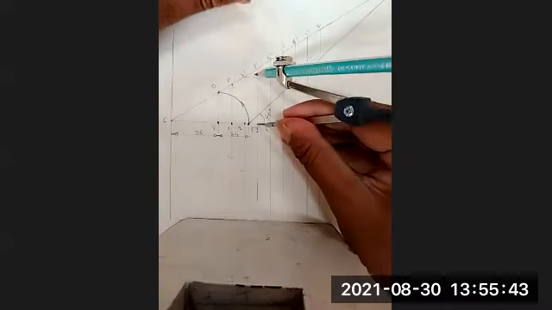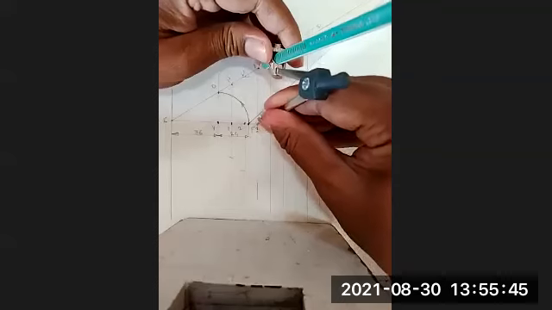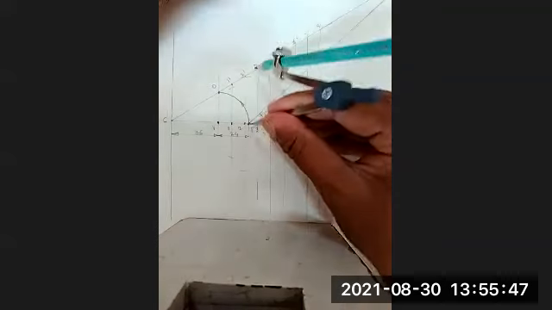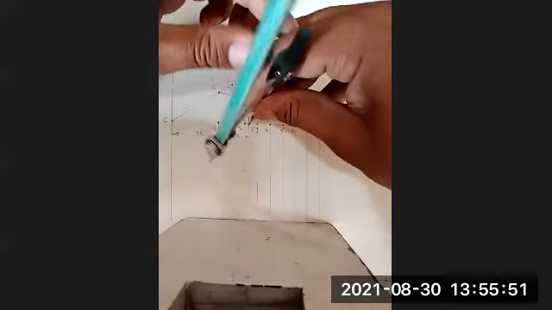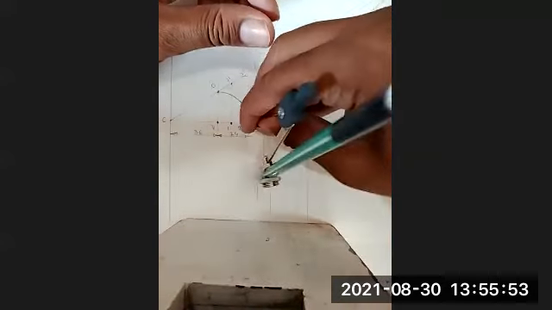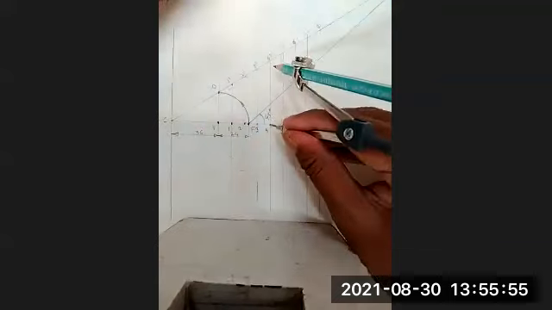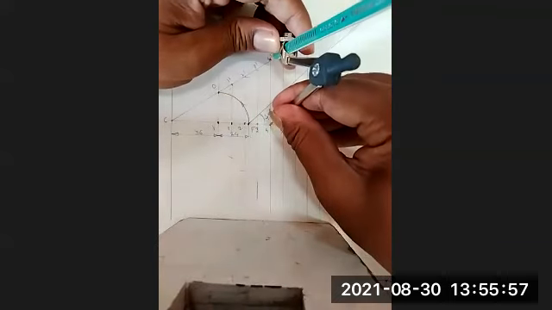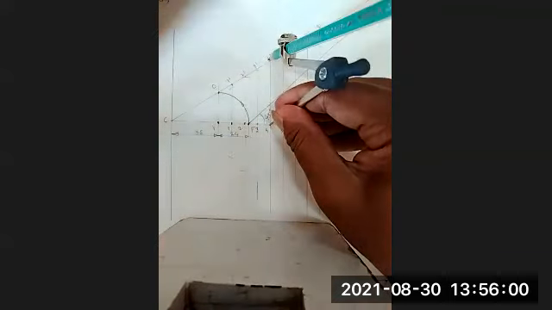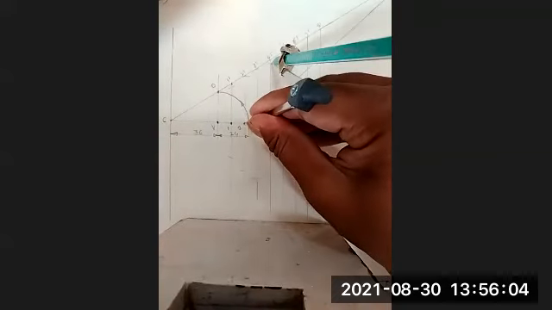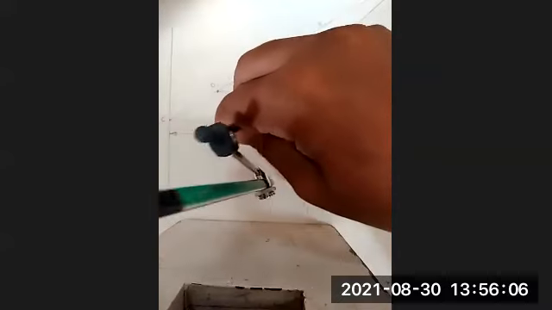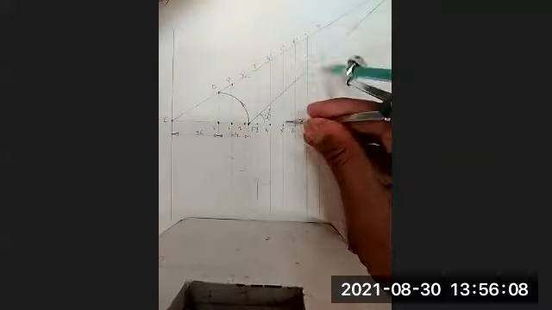Then 3 to 3 dash, keep at F. Then 4 to 4 dash, keep at F, cut it, and so on. You will be going further for each point.